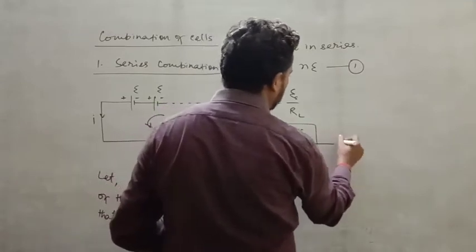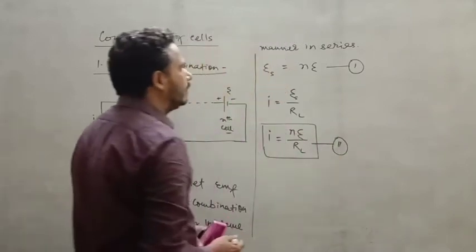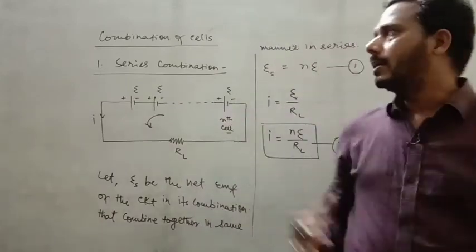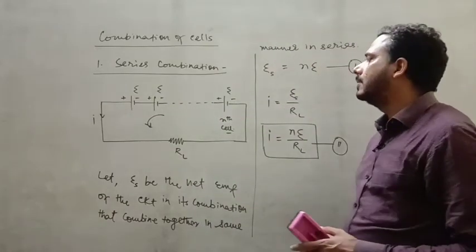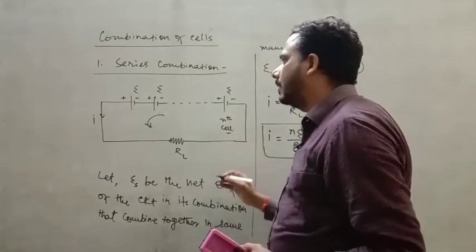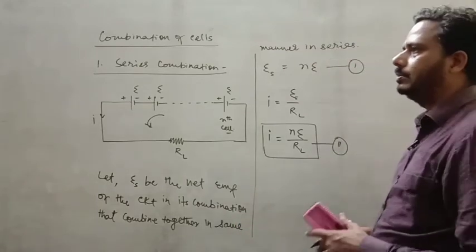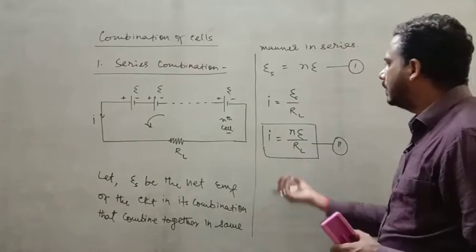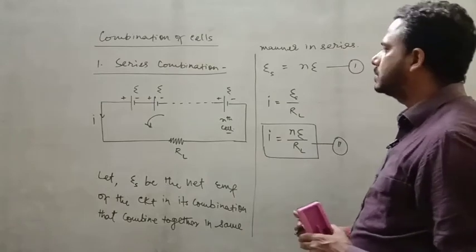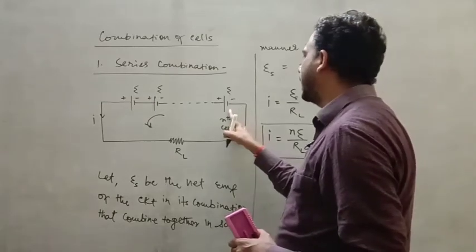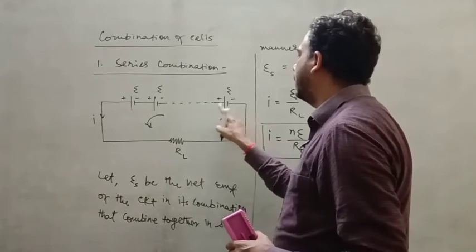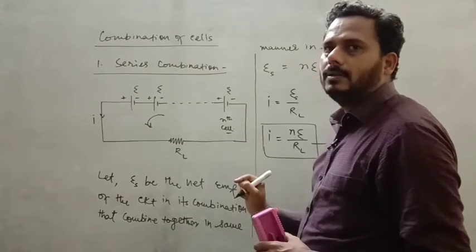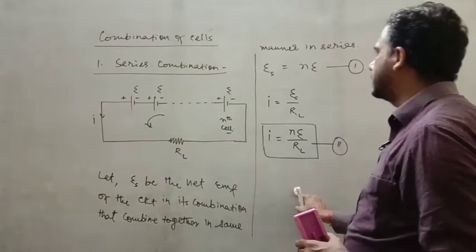Alright, okay. Now I want to find the combination of cells in parallel combination. But before showing the parallel, there is one note: suppose one cell is connected opposite in its terminal, then what would be your resultant?